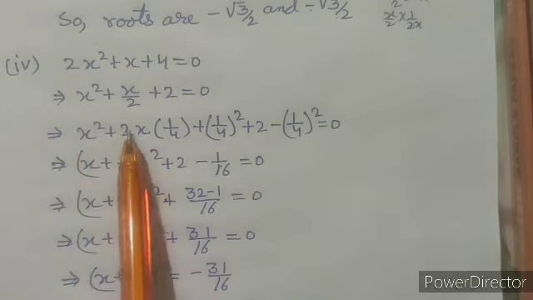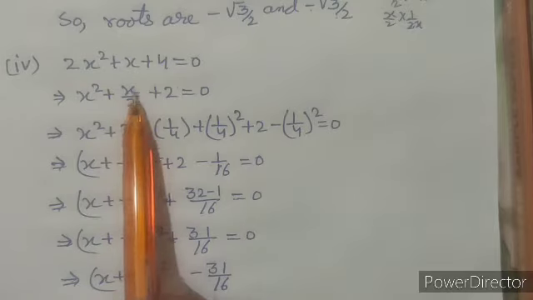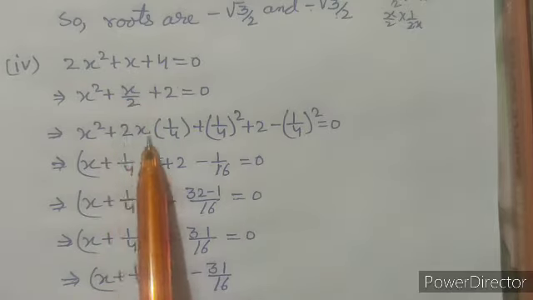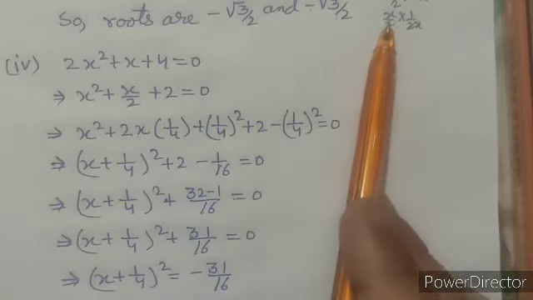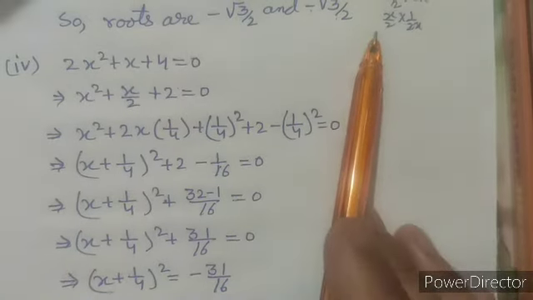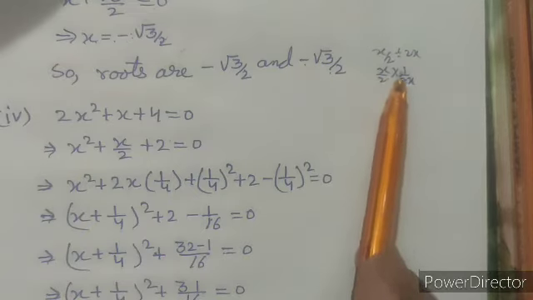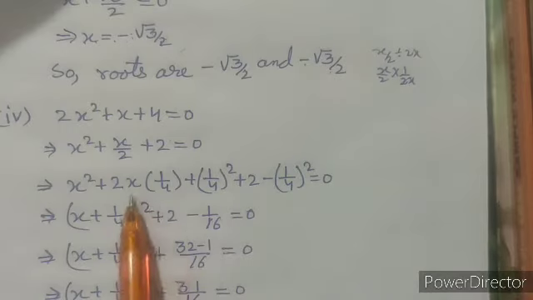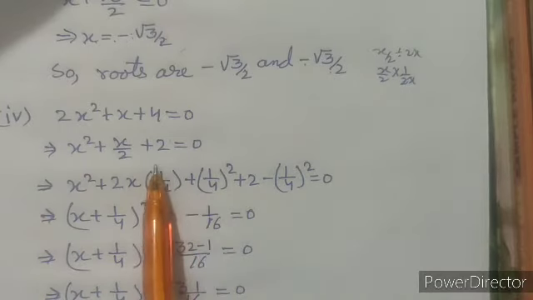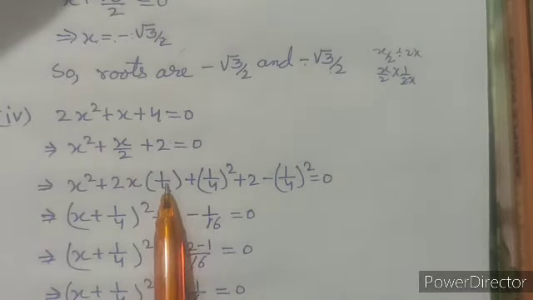Now plus 2a, a was x here, and we get b by dividing x by 2 by 2x. Now x by 2 divided by 2x will give us x by 2 into 1 by 2x, which is equal to 1 by 4. In place of b, we will write down 1 by 4.